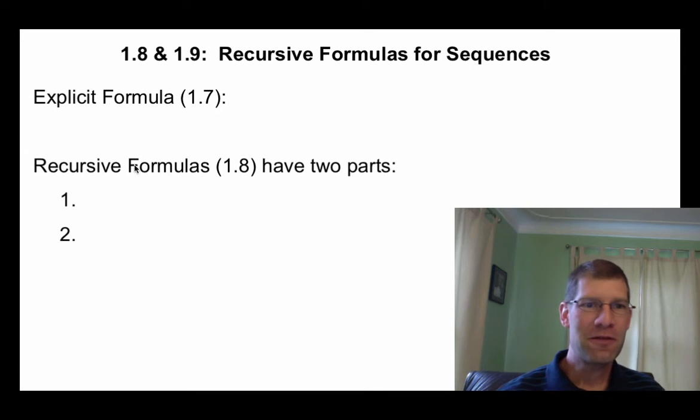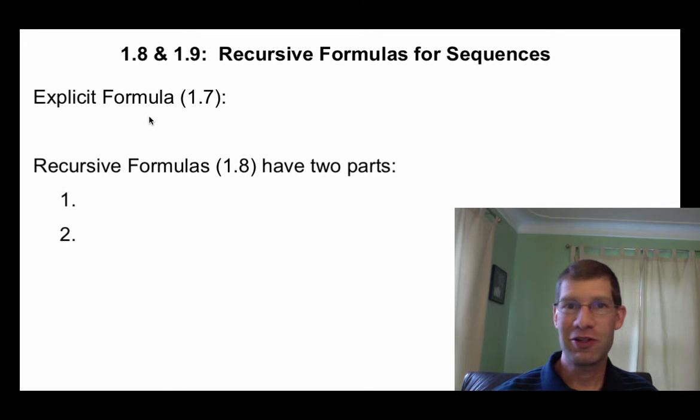But I want to first just mention yesterday with the explicit formula, the example that I did in the notes was finding the first four terms. And the point was you just take the term number, you put it in for n, and shazam, do the math, you got it. So with the explicit formula, if you wanted to find the 50th term, you would just put a 50 in for n, it'd be t sub 50, and punch it into the equation, and you got it.